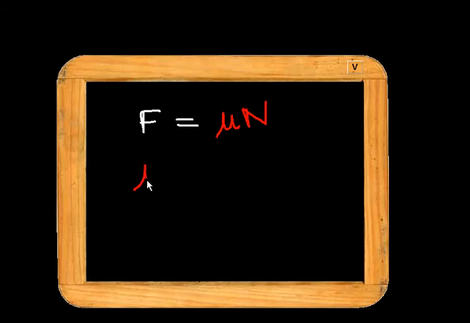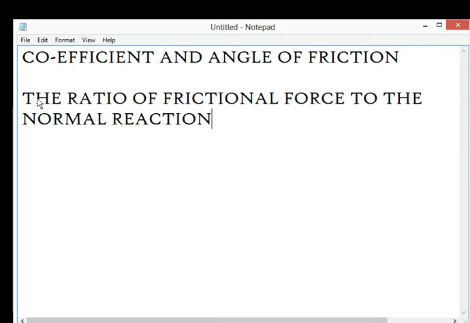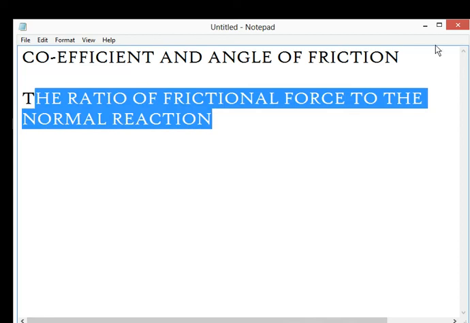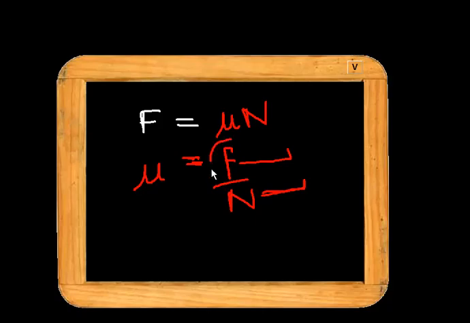From this we can say that mu equals F by N. Get it? So the coefficient of friction is defined as the ratio of the force of friction to the normal reaction.